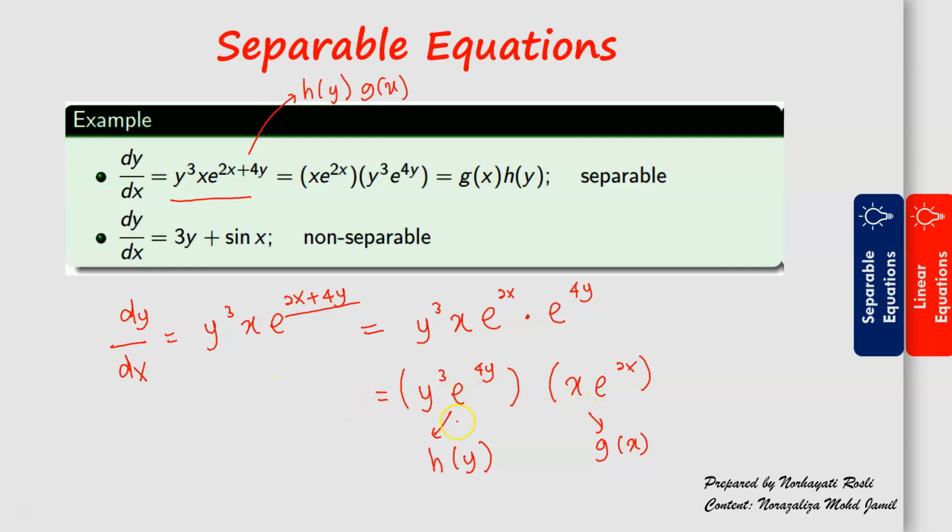So we can write it in terms of the definition of a separable equation; this equation is a separable ODE. But for the second one, dy/dx equal to 3y + sin x, we are unable to factorize this such that we have h(y) times g(x). So in this case, it is a non-separable equation.